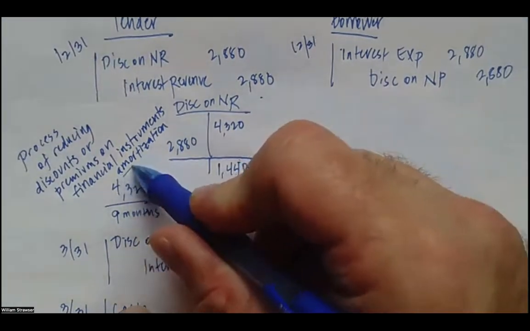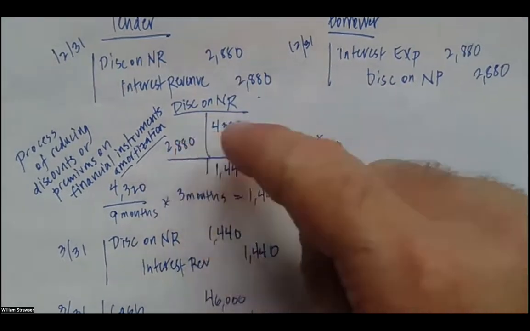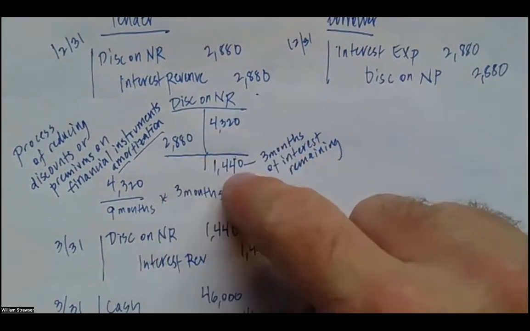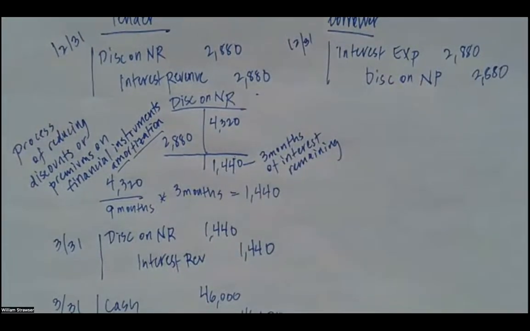But amortization is from a Greek root. Amortize means to kill off. And so we're just killing off this amount of money over time, reducing it, and recording interest revenue at the same time over the deal.